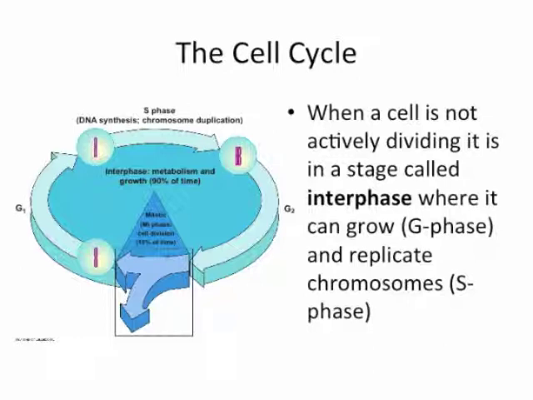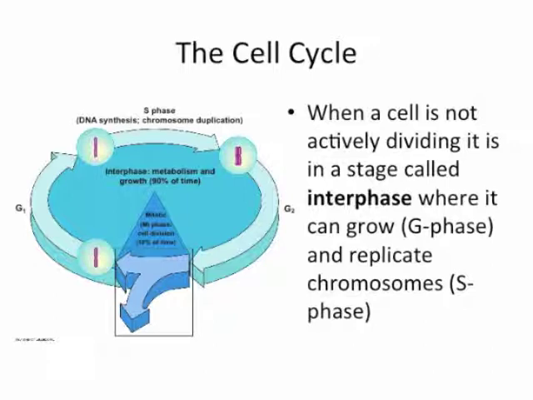And in interphase, it's either growing, which is the G part of interphase. There's G1 and G2 on there. Or it's replicating its chromosomes, and chromosome replication occurs during S phase. Okay, so we have G phase, and we have S phase. So during S phase, chromosomes will duplicate.